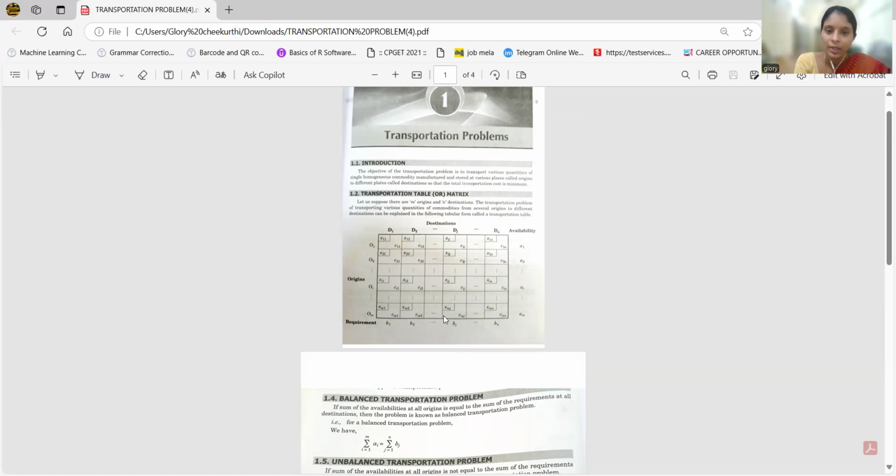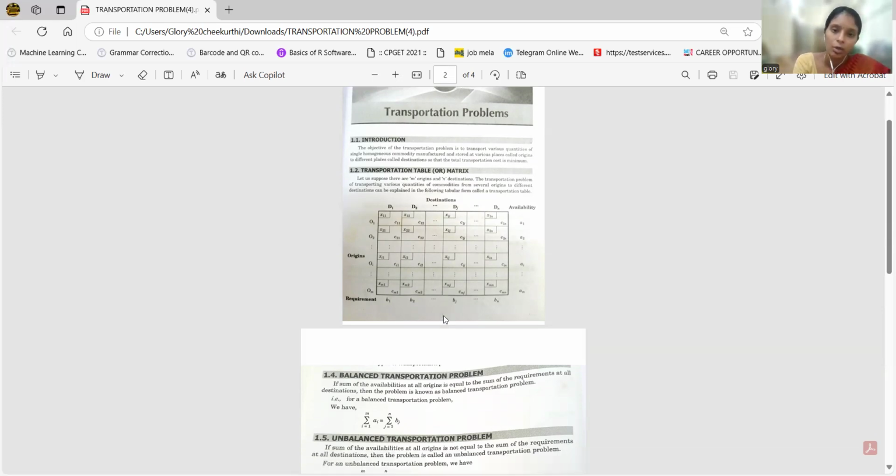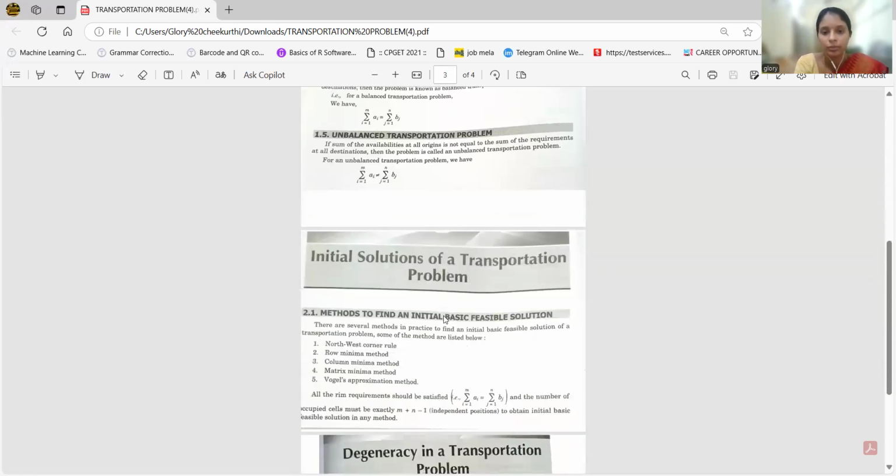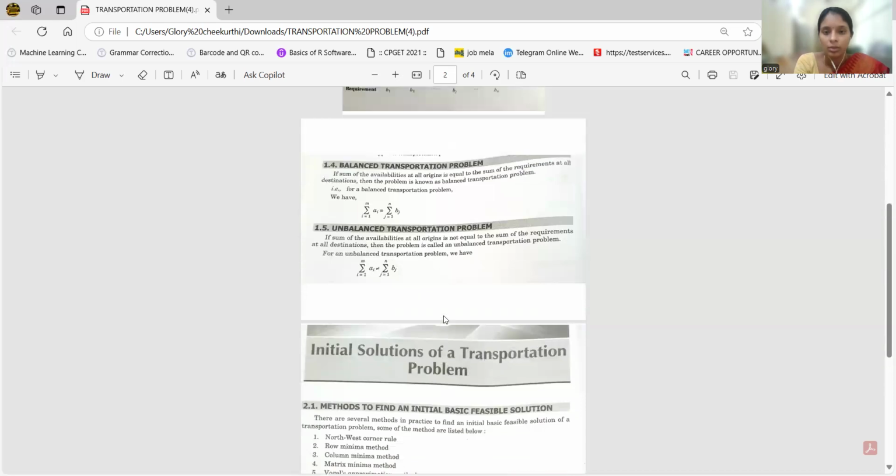With that method, we can minimize the cost of transportation the most.